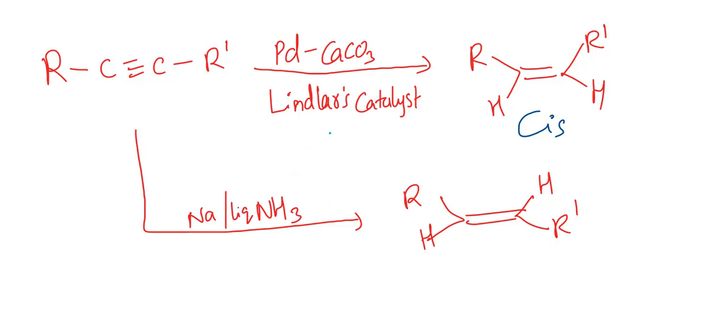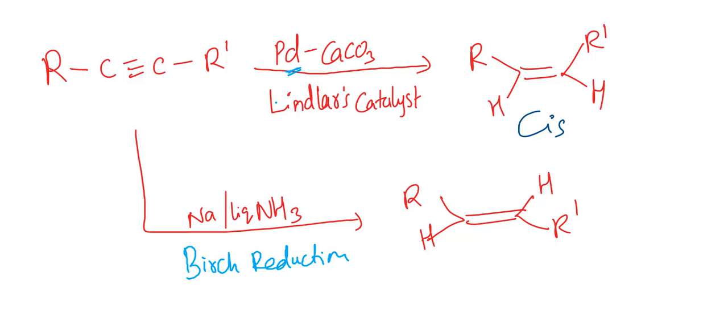Next, if you want to stop the reaction at alkene, you can take Lindlar's catalyst or Birch reduction. So here palladium is there, we are reducing the activity of the palladium catalyst. Palladium is a stronger reducing agent.